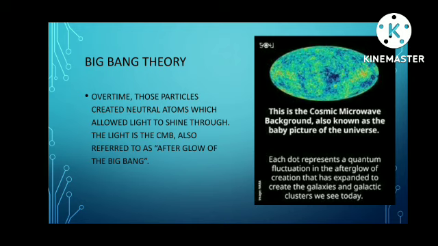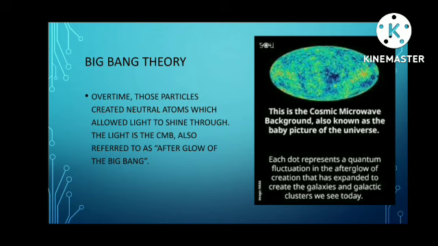Over time, those particles created neutral atoms which allowed light to shine. So this first light is what we call the CMB, or the cosmic microwave background. It is the early light or the early glow or a baby picture of our universe. So it is known as the afterglow of the Big Bang.